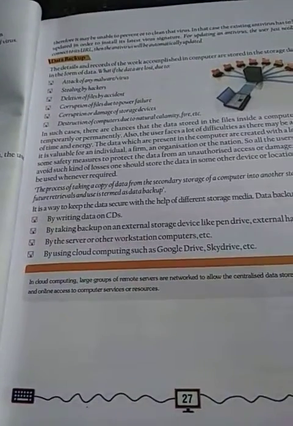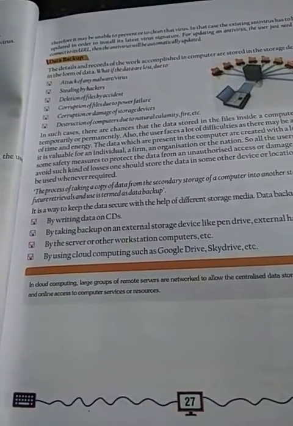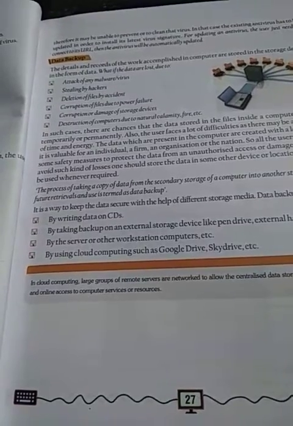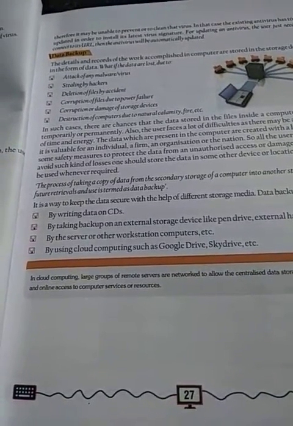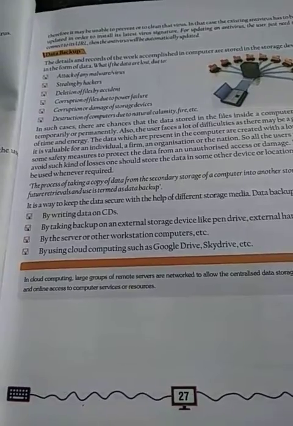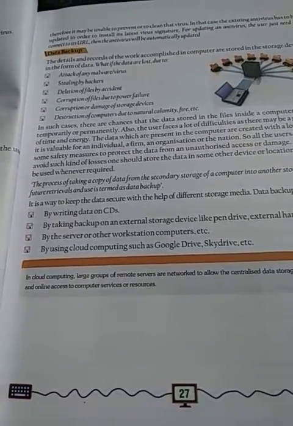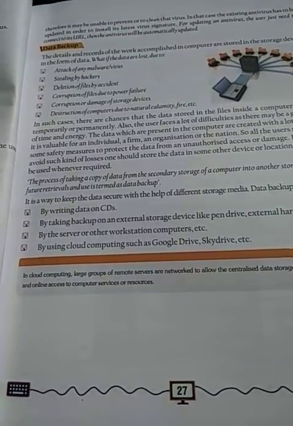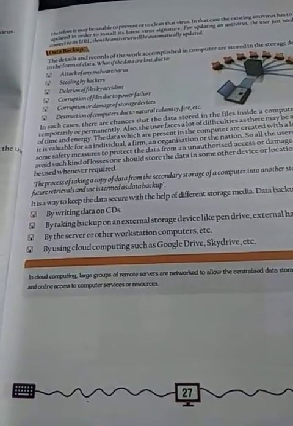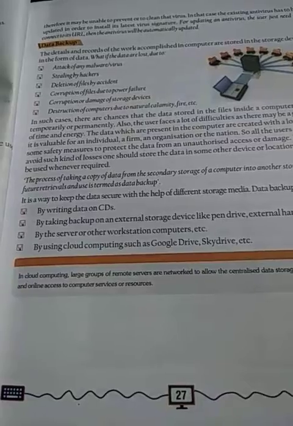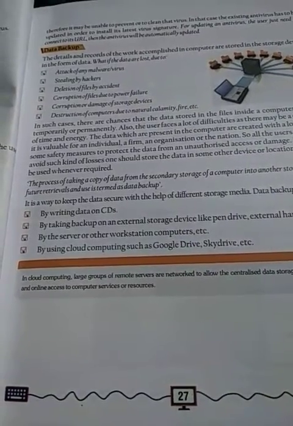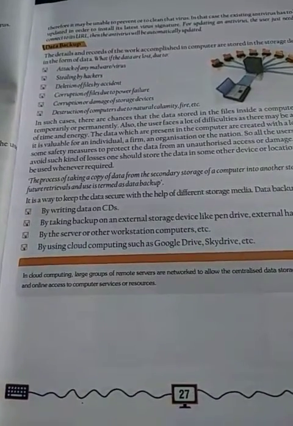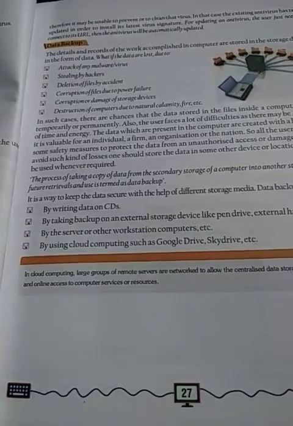Here in your book, the fourth example is also given that by using cloud computing such as Google Drive, SkyDrive, etc., we can save our data or keep a backup of our data. So these are the ways of backing up our data.